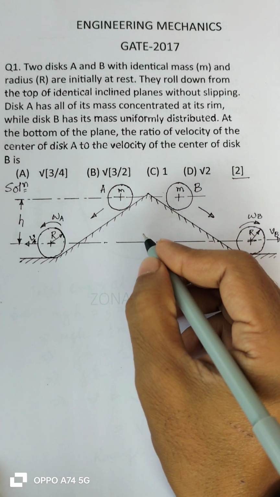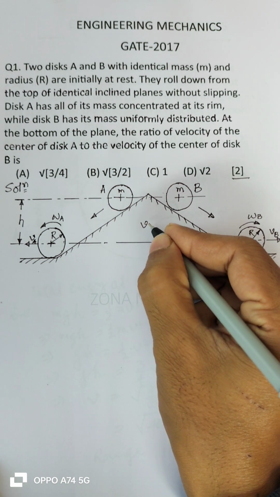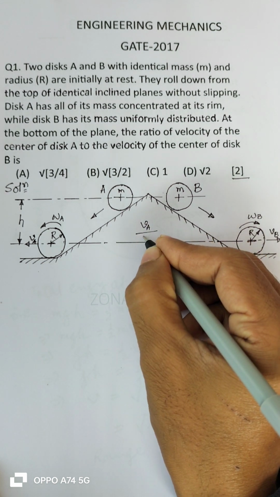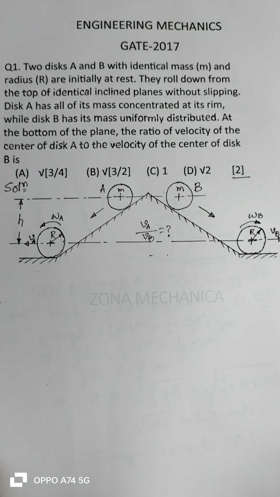So we have to find out VA by VB. So this is the question.